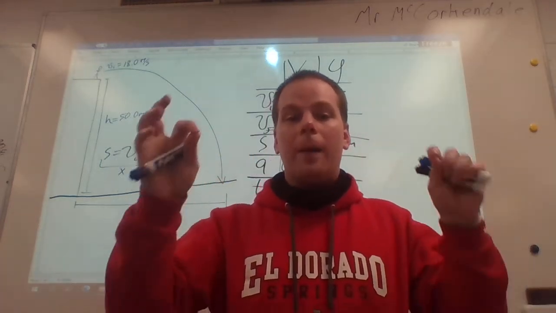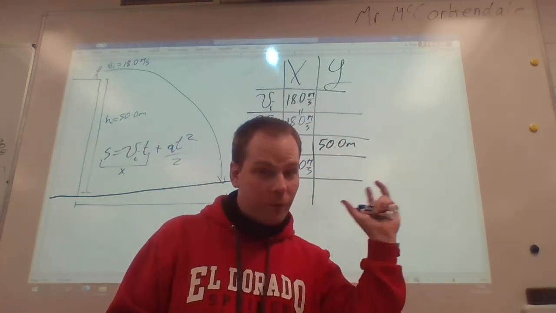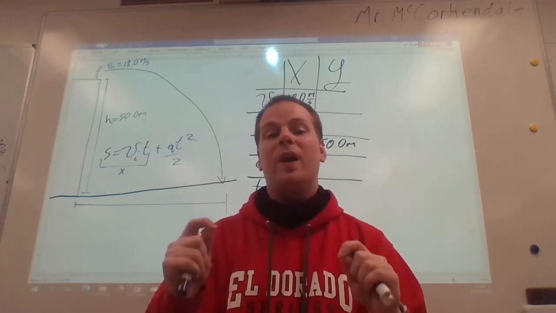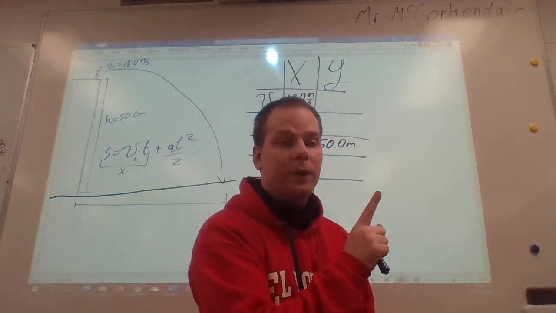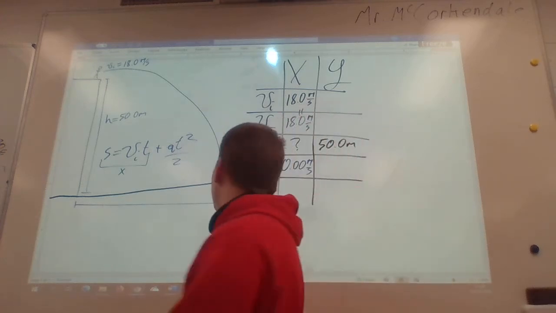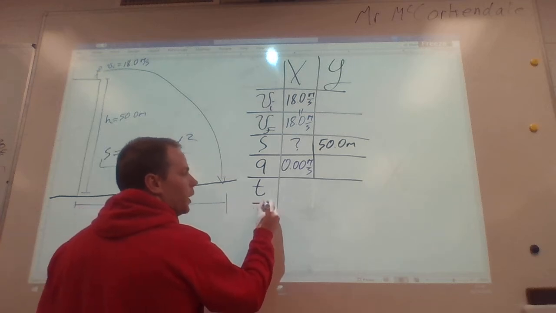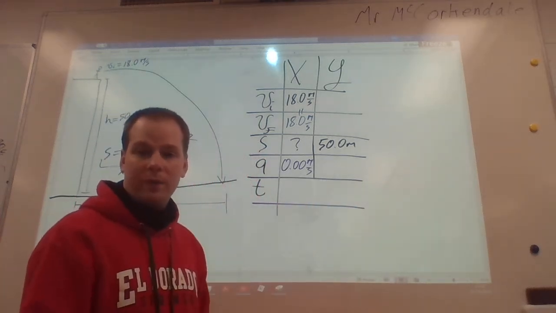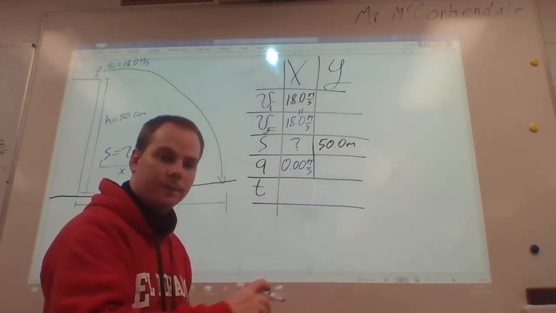Both the horizontal component of the motion and the vertical component of the motion must happen in the same amount of time. So we can use y to figure out the information in x, specifically the time, because there's only actually one number here. No matter what, t has to be the same for both x and y.